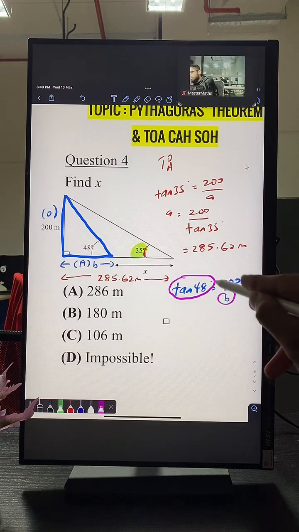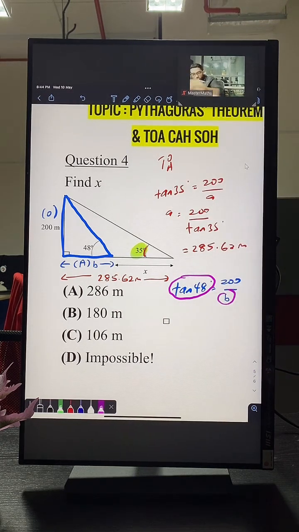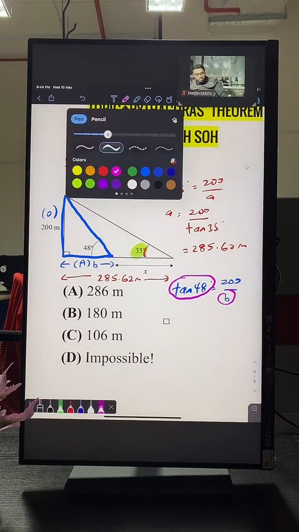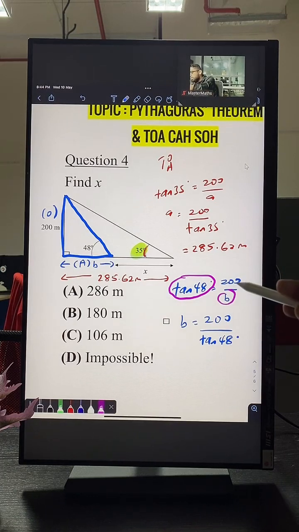Understand not? When there's an equal sign, you can just whack this B to the top. So when you whack the B to the top, guys, you will be left with B is equals to 200 divided by tan 48. Mr. Tan is now down, unfortunately. 200 remains there. Don't go and change this guy. Tangent 48 goes down. That's all. B goes to the top. Finish. Settle the battle in the kettle or in the bottle.